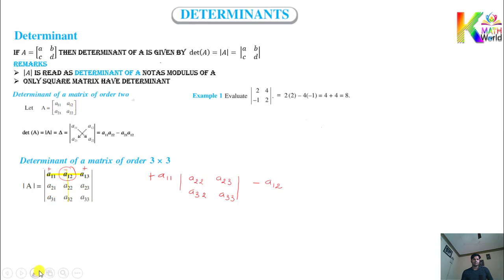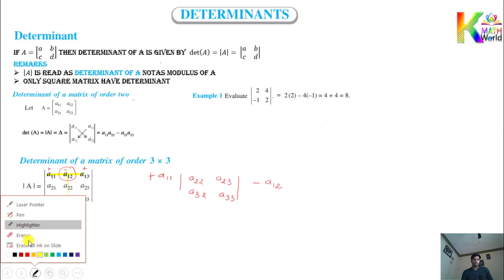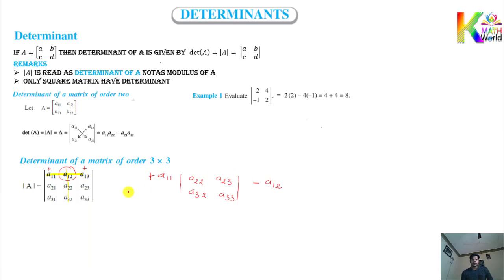So here you get A21, A23. Keep the position of the elements as it is, don't change the position. A31, then A33. Then same way for the last element, you got plus sign, that's why plus A13. Now it lies in which row?